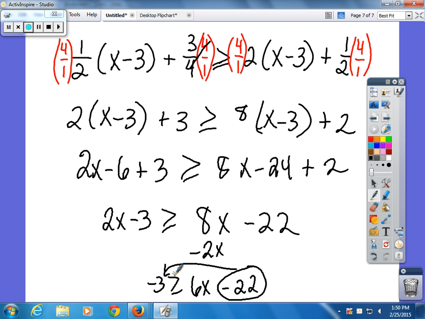Somebody help me out. Yeah. Positive 19. So 19 is greater than or equal to 6x. Divided by 6, x is less than or equal to 19/6. Or 19/6 is greater than or equal to x.